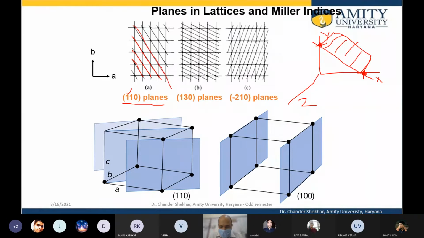We need to remember that Miller indices represent all parallel planes. For example, here is a 100 plane.